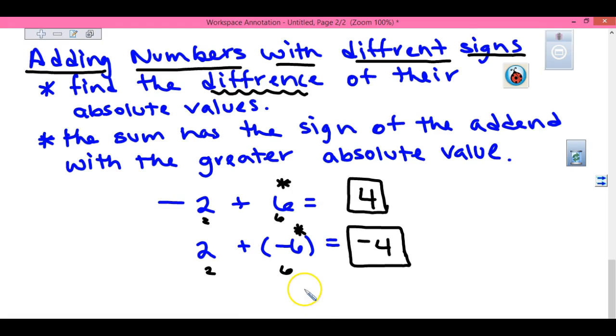One more time. Different signs, subtract and keep the sign.